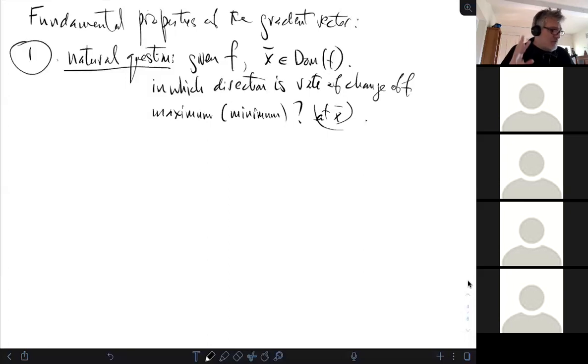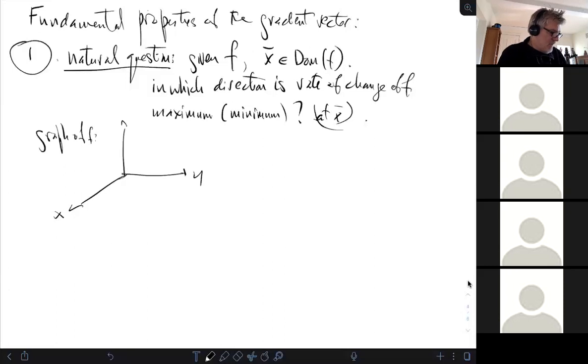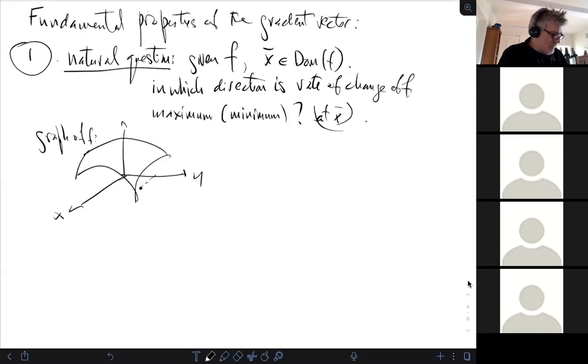So think of it this way. The way I like to think about it is, if you have a function of 2 variables and you have a surface, which is the graph of your function f, okay? And let's say, I don't know, something like that. And you have your point x bar over here. So you're on the surface like that, and you'd like to know in which direction the rate of change on the surface is maximum or minimum, okay? So think of it this way.